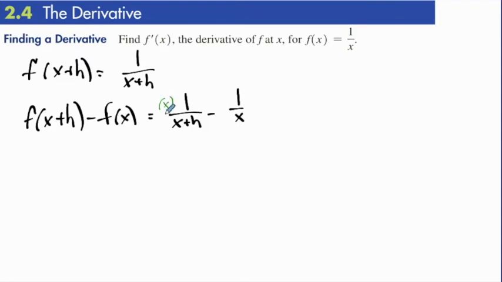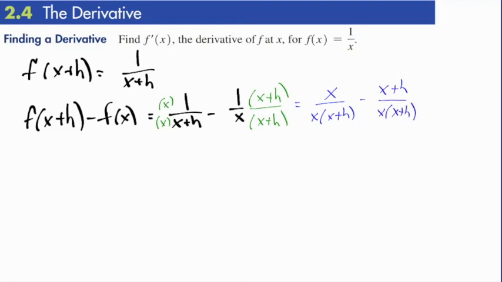So we'll take each denominator and multiply the top and bottom of the other fraction by it. And now this gives us two fractions with the same denominator. Once the denominators match, you can combine the numerators. And then distribute that negative through.